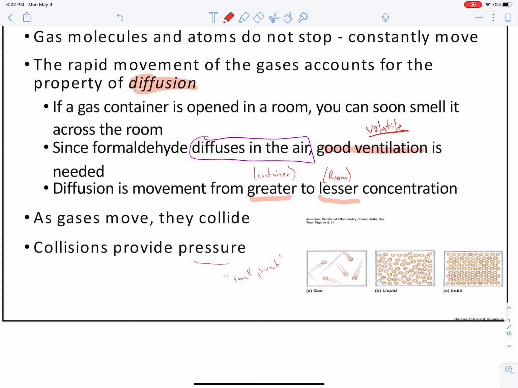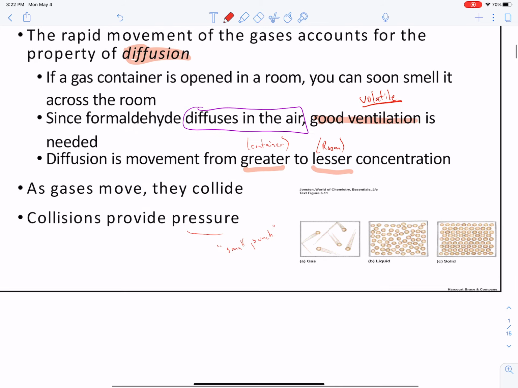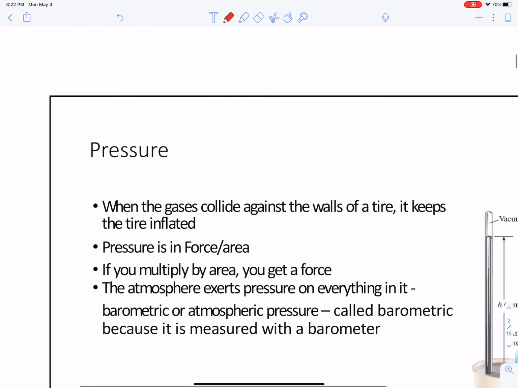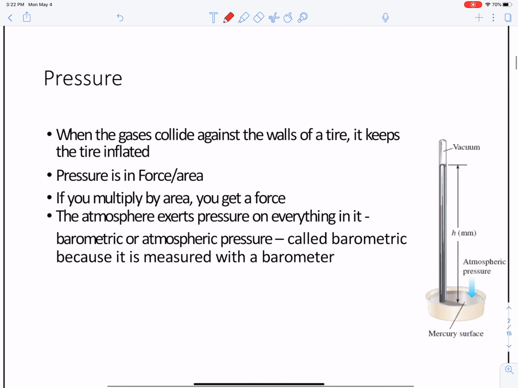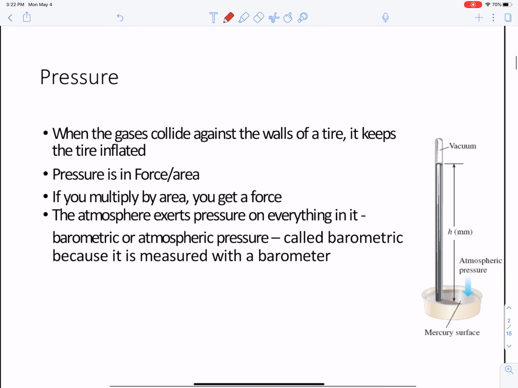If you have enough punches, you get a lot of pressure that can get built up. And when these gases under a lot of pressure have a whole lot of collisions, it can keep the tire inflated. Now, pressure is very interesting because it is this force per unit area.